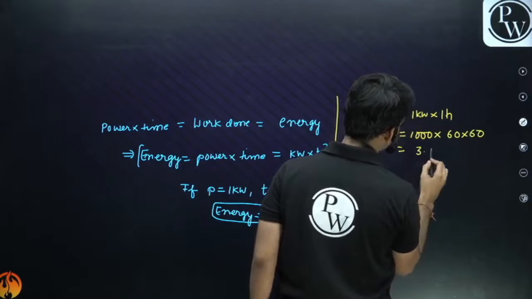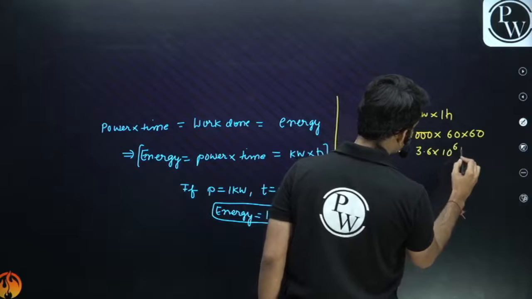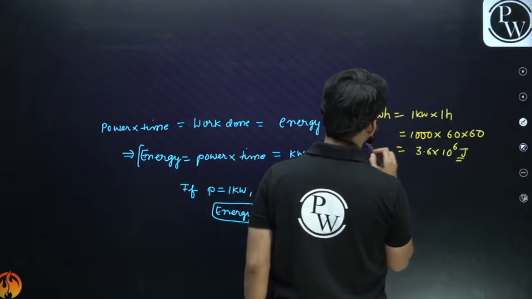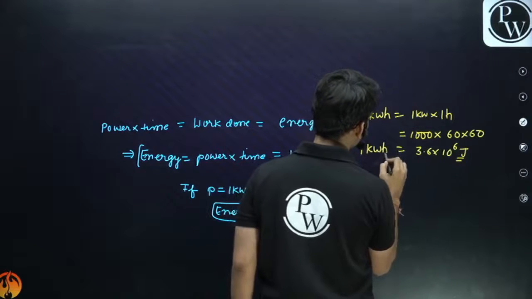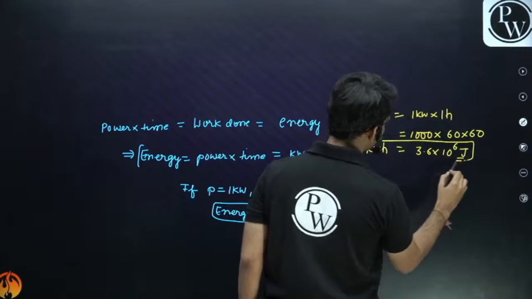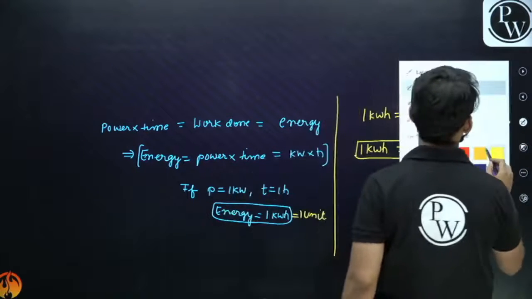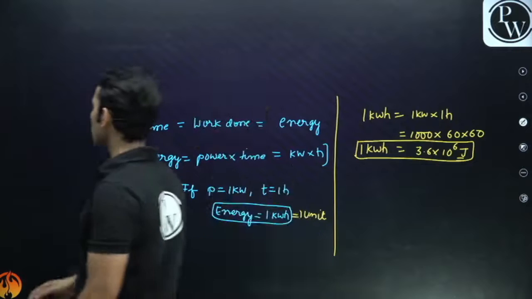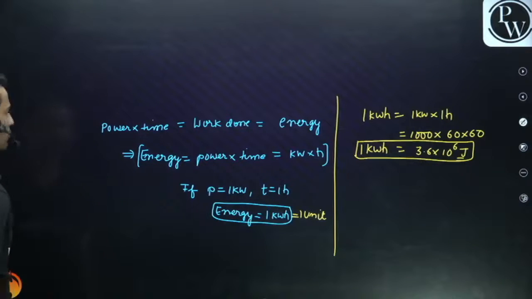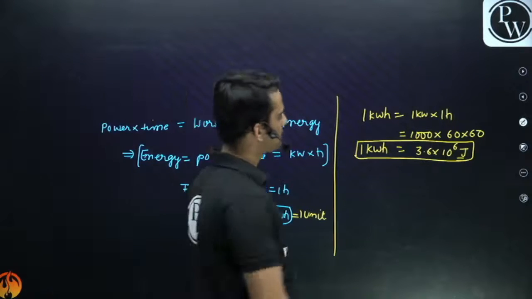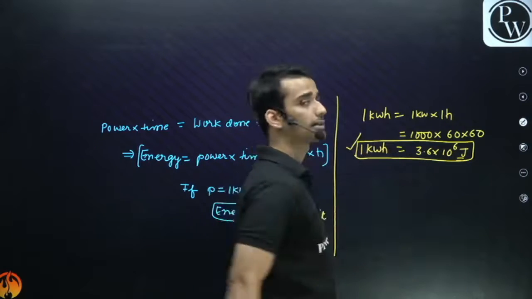So it will be 3.6 into 10 raised to the power 6 joules. So 1 kilowatt hour is equivalent to this many joules. Clear? 1 kilowatt hour is equal to 3.6 into 10 raised to the power 6 joules.